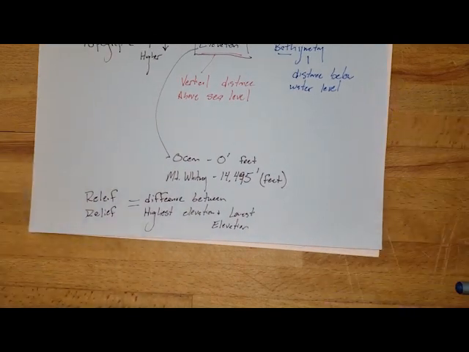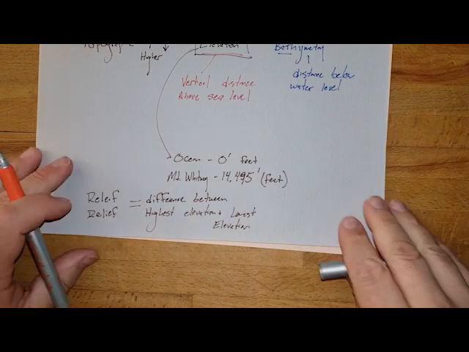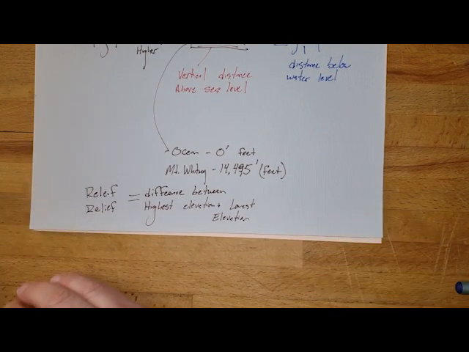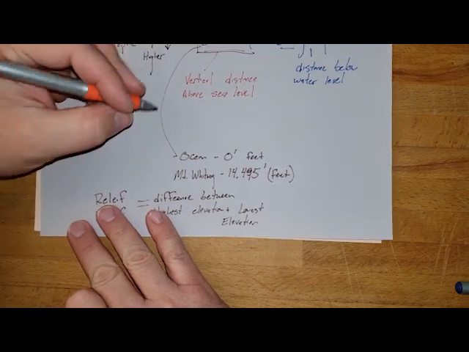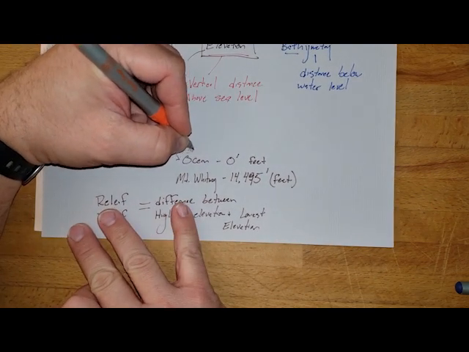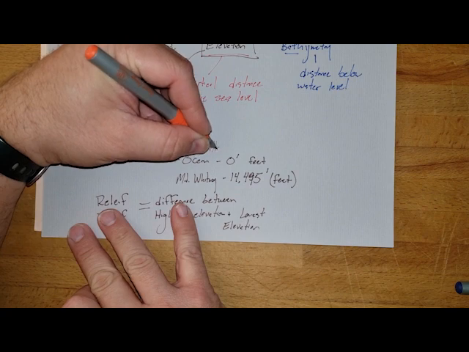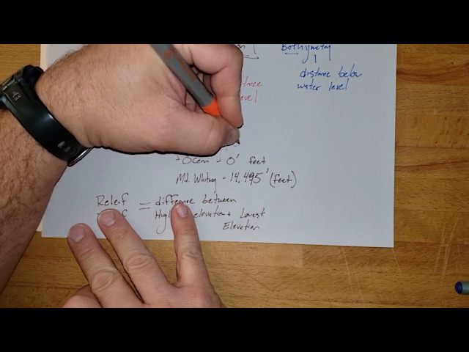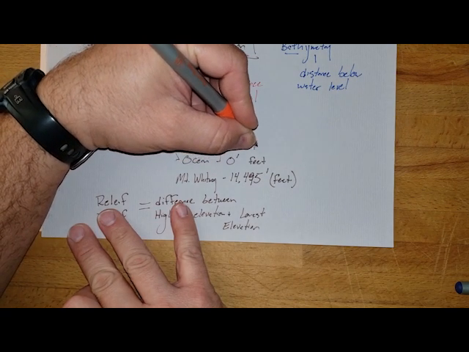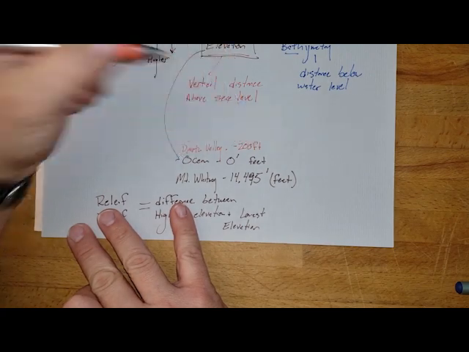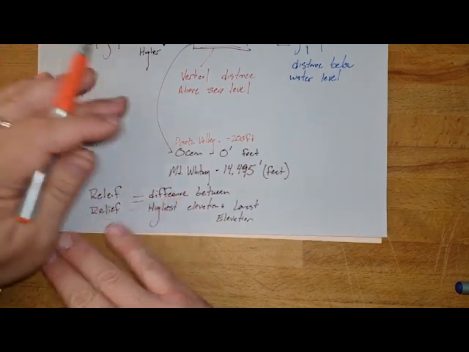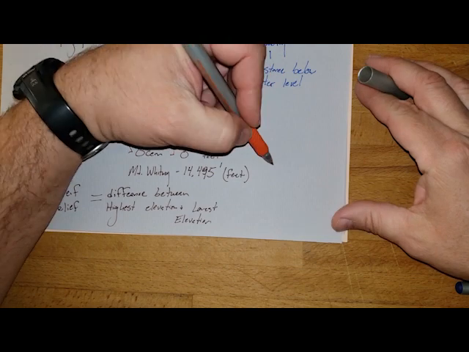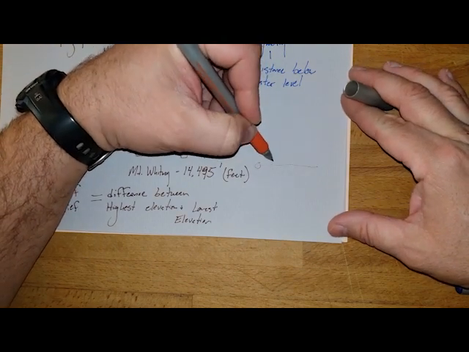So if we're looking at California and we're wanting to figure out what our relief is across all of California, as a matter of fact, our lowest spot in California isn't necessarily at the ocean. It's actually going to be in Death Valley. And that's at about negative 200 feet. Okay? The FT also meaning feet. And so if we're needing to figure out the overall relief there, we're going to need to start at 0.